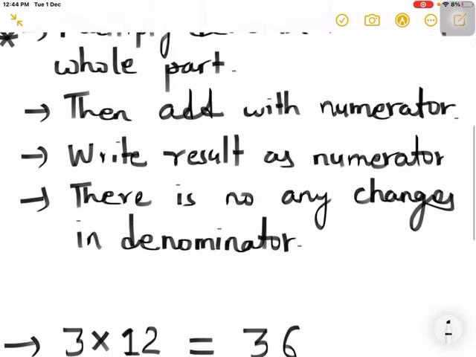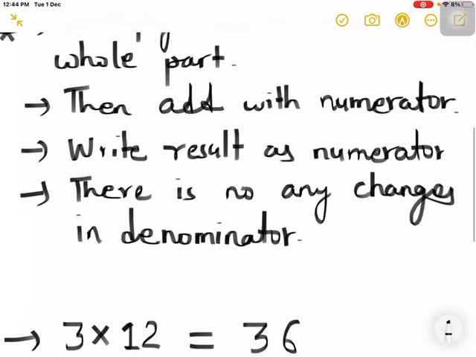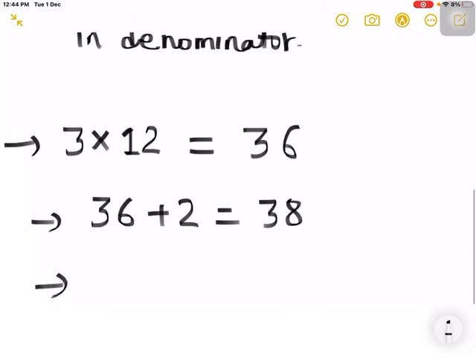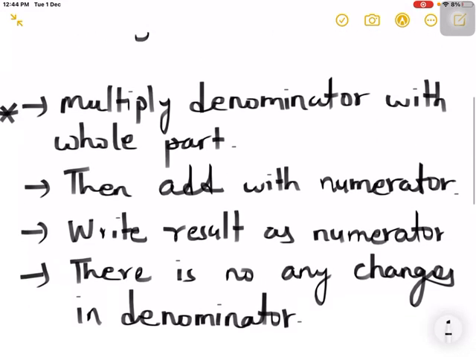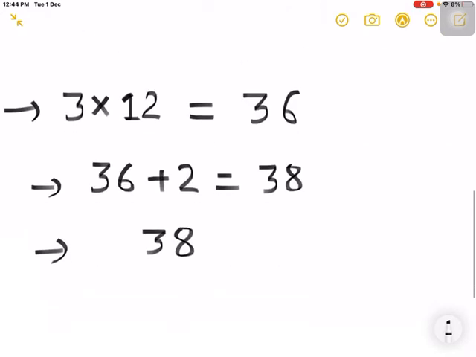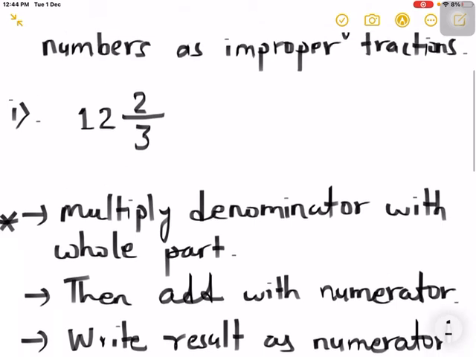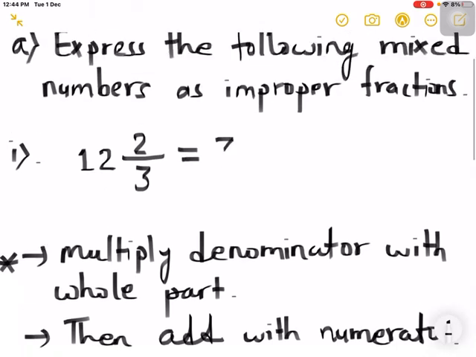Then third, write the result as the numerator, and there is no change in the denominator, which is 3. So 38 by 3 is our required answer.